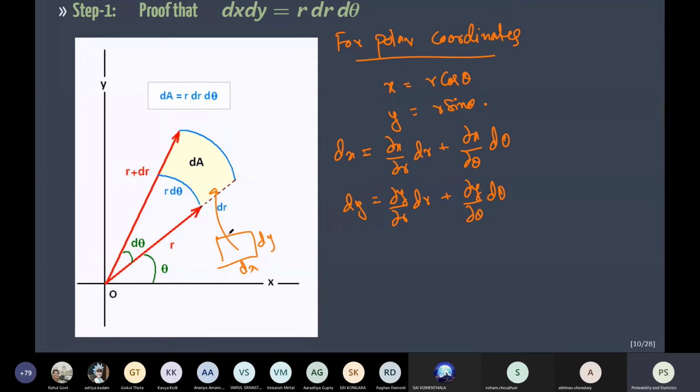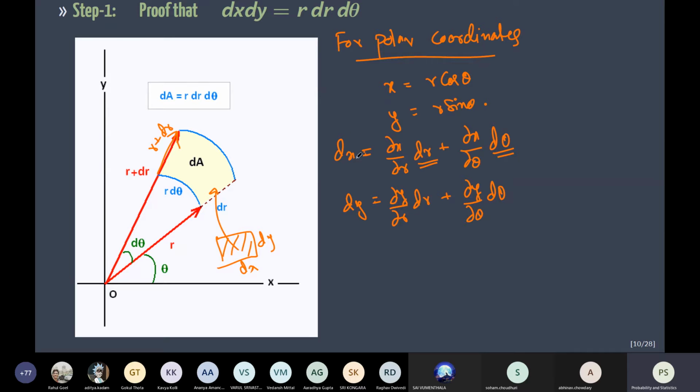So what is happening here is that this rectangular element is now being transformed to an area in the polar coordinates, where the area is defined by vectors. These are the coordinates, and we went to the dr and d theta space, right?